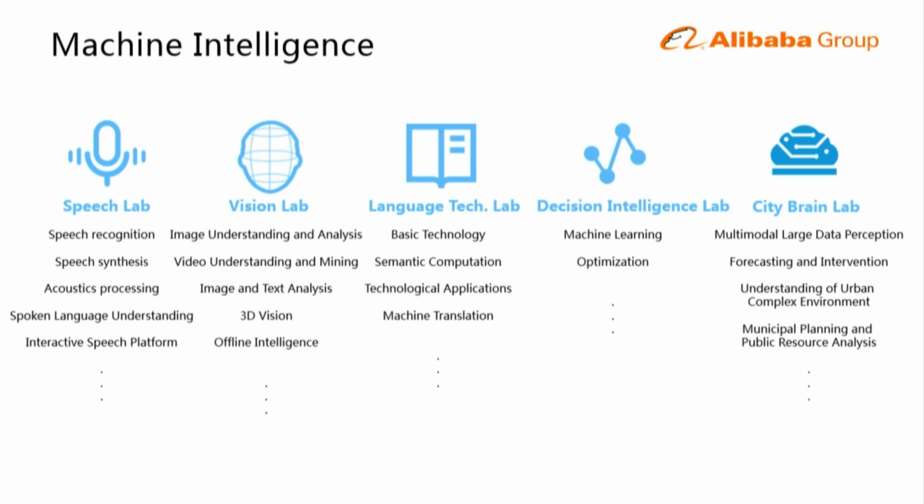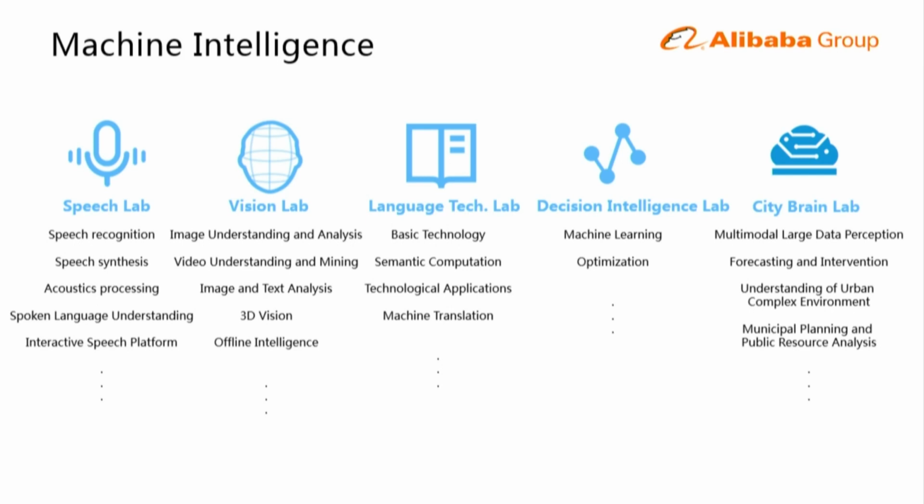We also have a lab called Language Technology Lab where we have been doing research related to machine translation as well as semantic computation. And the topics of large-scale machine learning and optimization are covered in the research lab of decision intelligence.